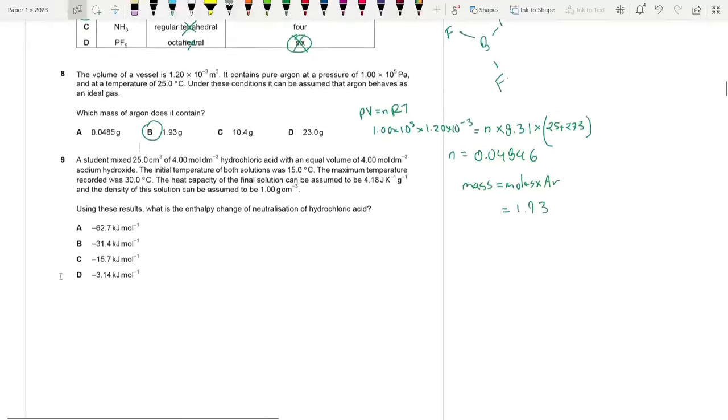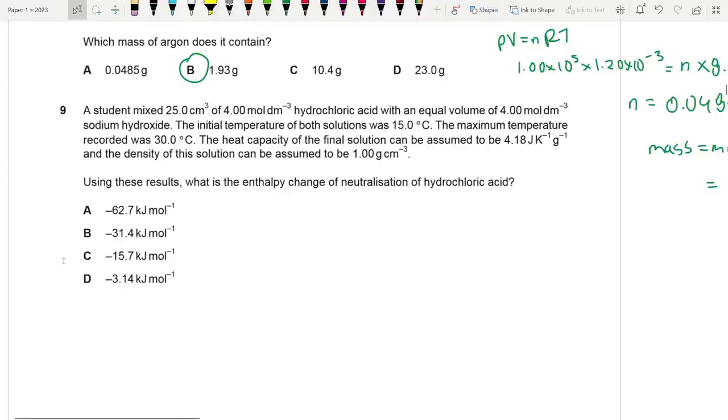That's fine. Now a student mixed 25 cm cube of 4 mole per dm cube HCl with an equal volume of 4 mole per dm cube sodium hydroxide. The initial temperature of both solutions was 15. So we had HCl and NaOH, and we actually mixed how many moles? 25 by 1000 into 4, 0.1 moles of each.